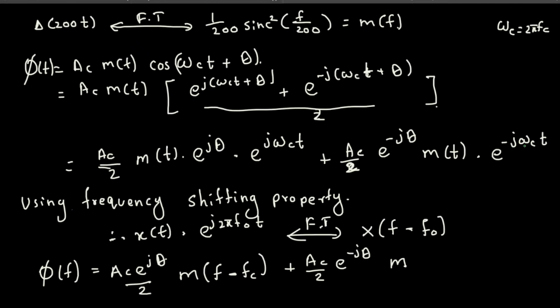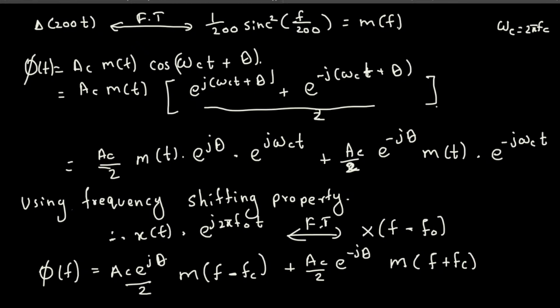So here you have to be careful, this is negative omega c, so here you see when it's positive we get a negative here, if it's negative then this is going to be a positive, because minus minus turns into plus, so this is going to be f plus fc, and that is it basically.